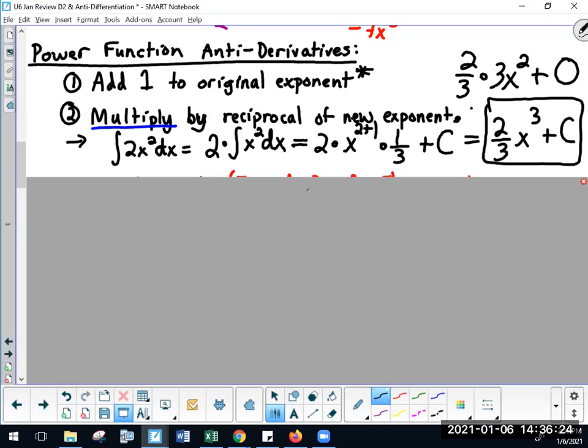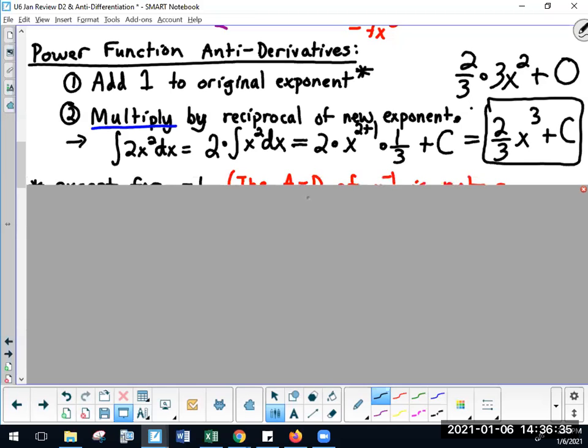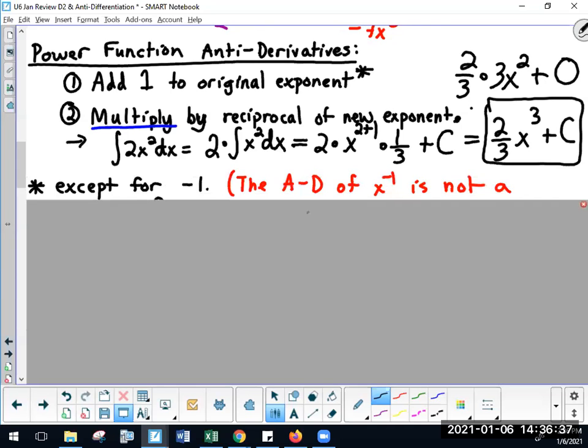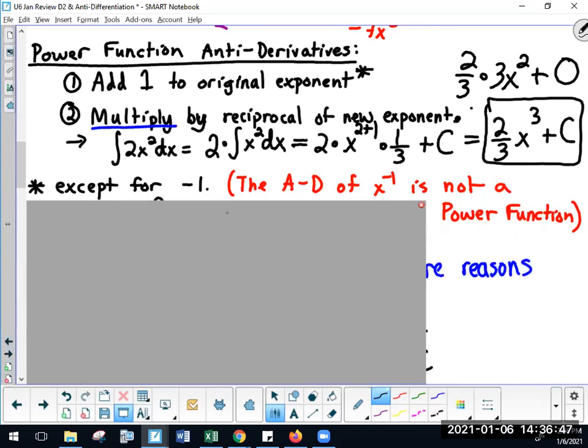Are you ready for the asterisk? You had better be, because that's what we're looking at next. There is a singular exception to the power function technique for anti-differentiation, and that is the power of -1. If you have a power of -1, you do not have an antiderivative that is a power function.